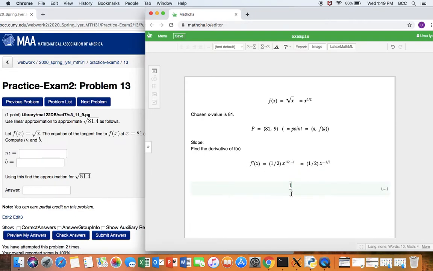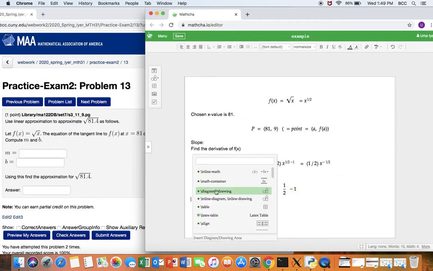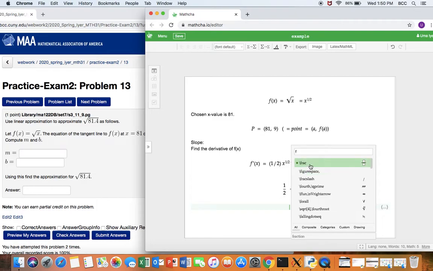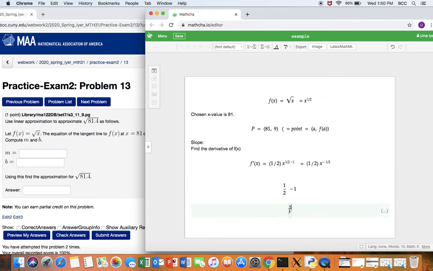Fraction 1 over 2 minus 1. How do we understand this? Well, you need common denominator. 1 upstairs, 2 downstairs, minus 1 is a fraction 2 upstairs, 2 downstairs.